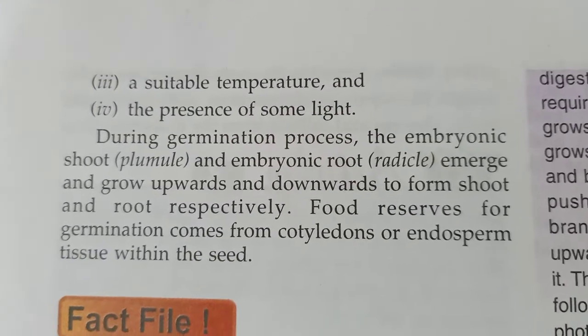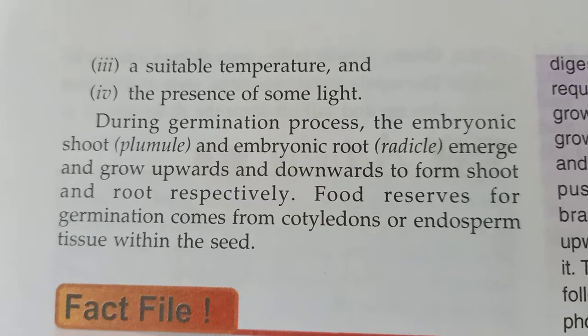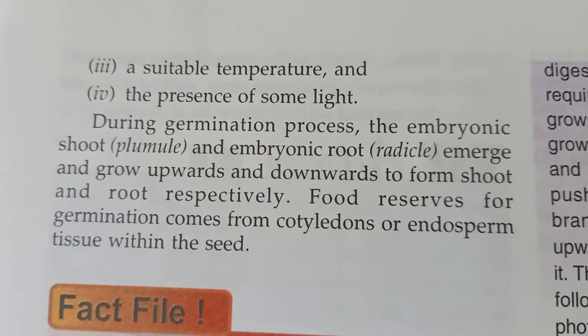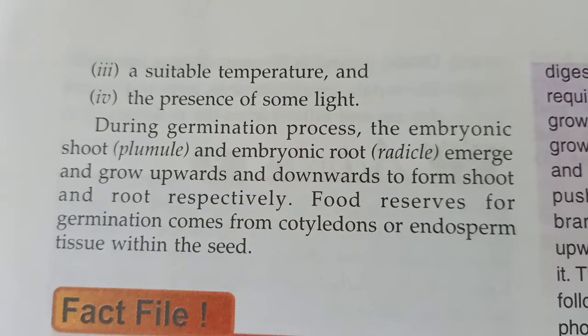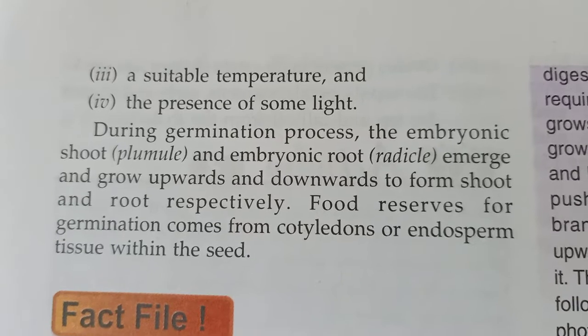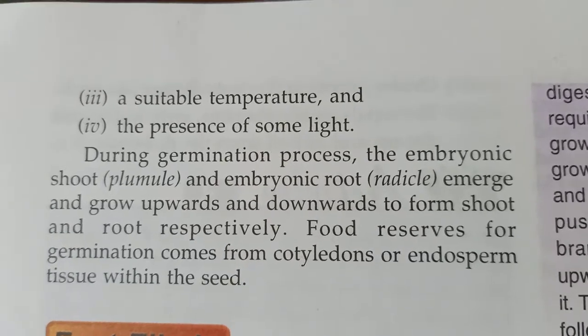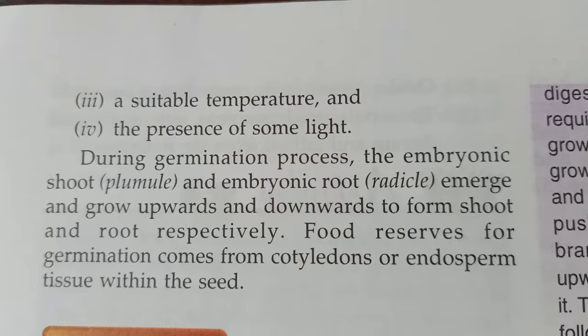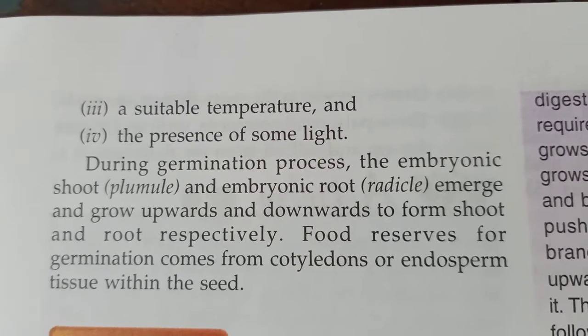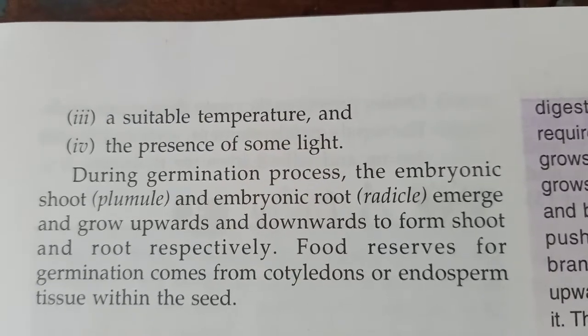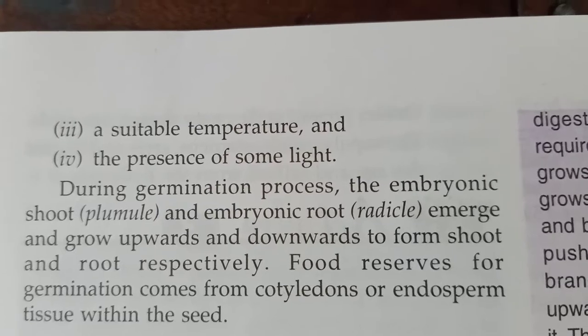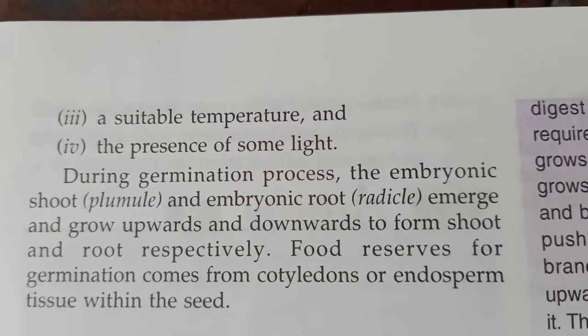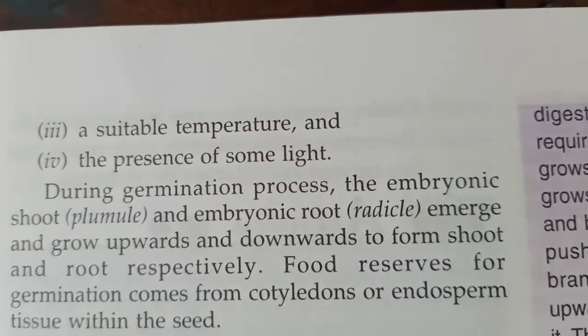Now food reserves for germination come from cotyledons or endosperm tissue within the seed. As I told you, the cotyledons store the food for the new plant. So for germination, the seed gets the food from these cotyledons or endosperms only.